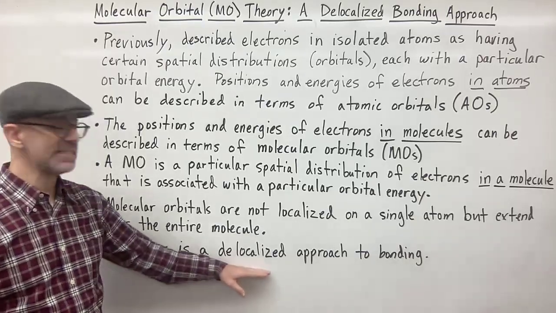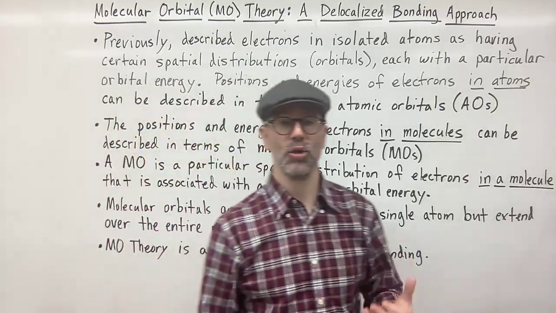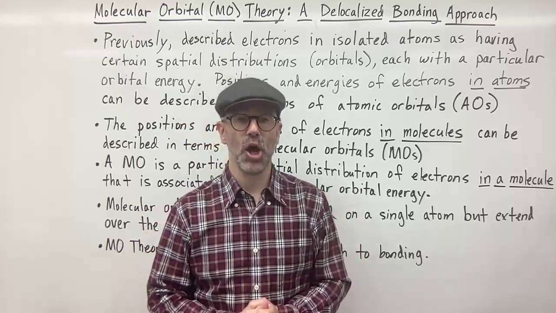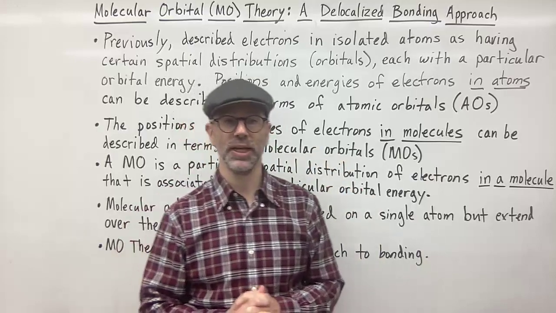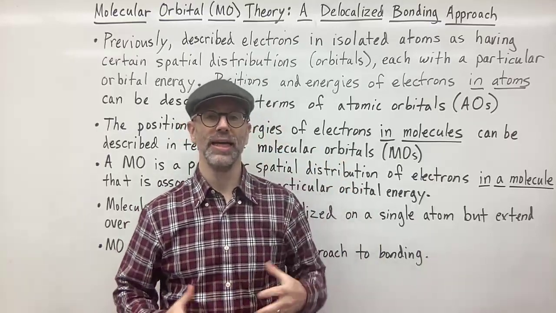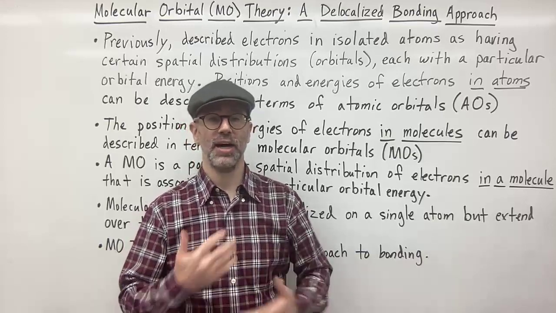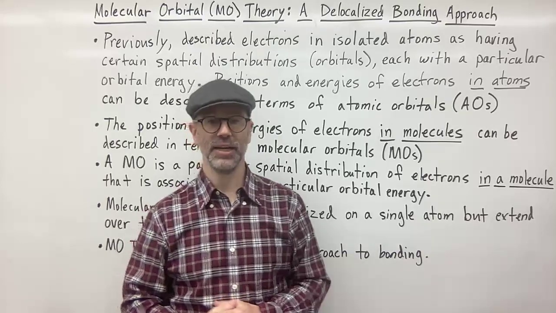This is a delocalized approach to bonding rather than the localized approach that we've dealt with before. So that is the brief introduction to molecular orbital theory. Let's go on and get into the details of this theory and how it applies in bonding.